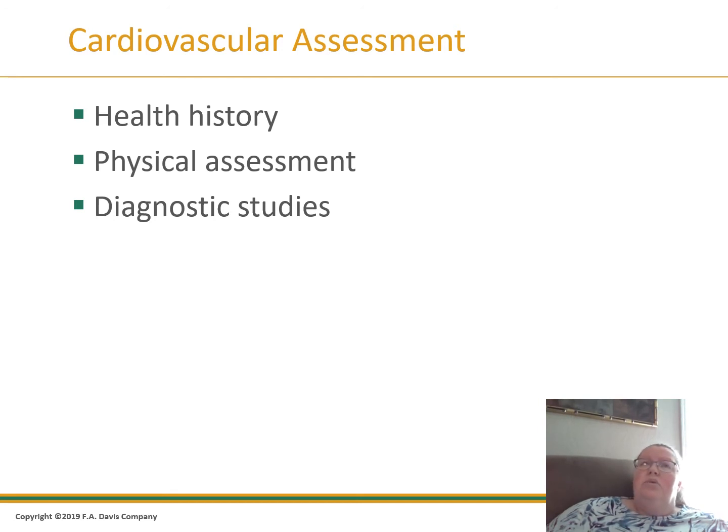Sometimes we want to do labs that could coincide with heart, like a BNP or maybe troponins or things like that. They're not really regular. If someone were to come in with signs and symptoms of an MI or things like that, we would do those. But maybe an EKG or an echocardiogram might be sufficient.